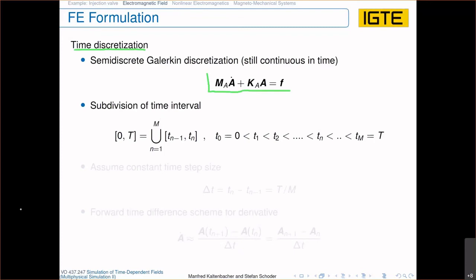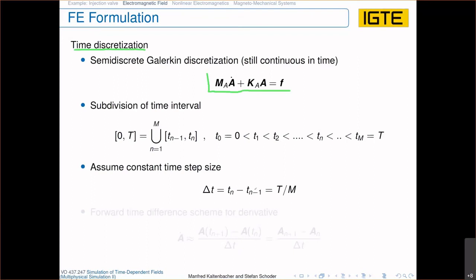For simplicity, let's assume we have a constant time step, and this delta t is in general nothing else than T_n minus T_{n-1}.